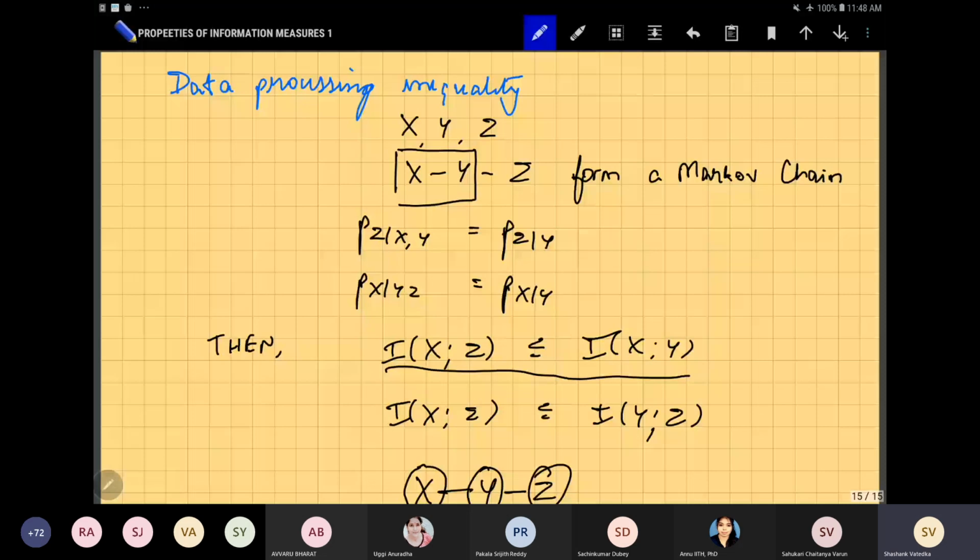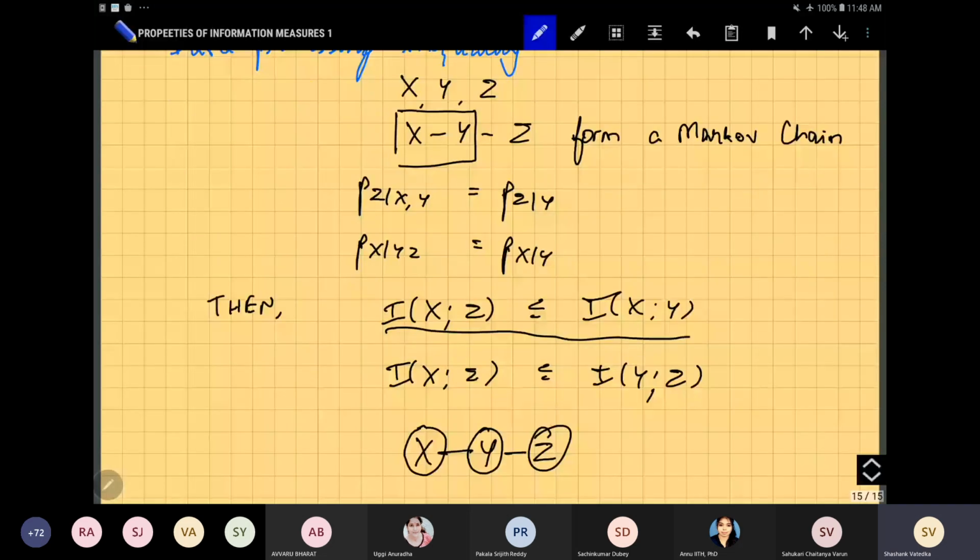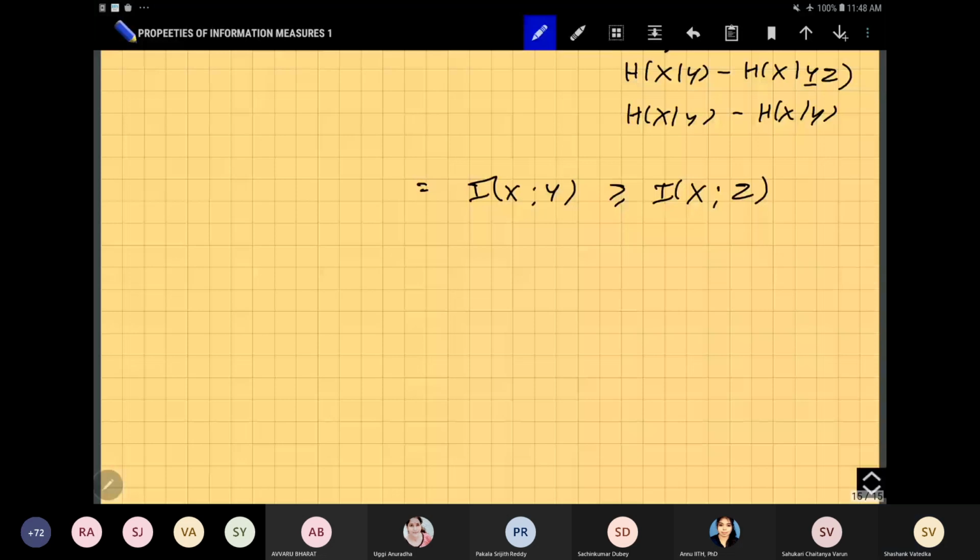So let us say that the goal is to estimate x from y, and you want to somehow compute some function of y, maybe because you want to reduce the amount of computation required.